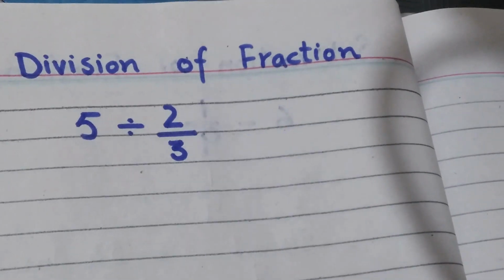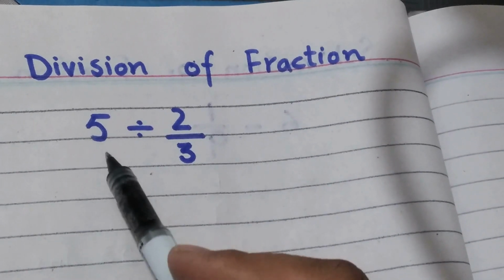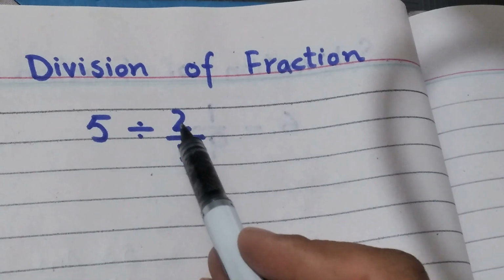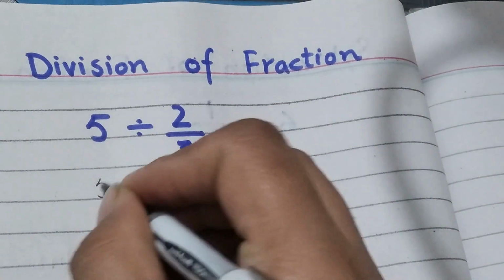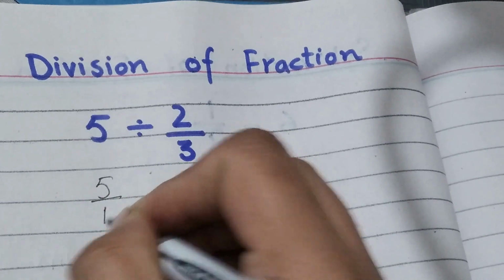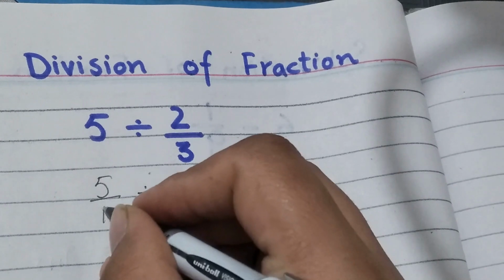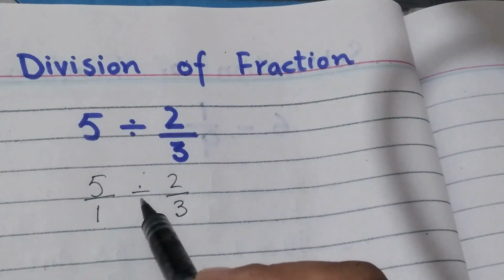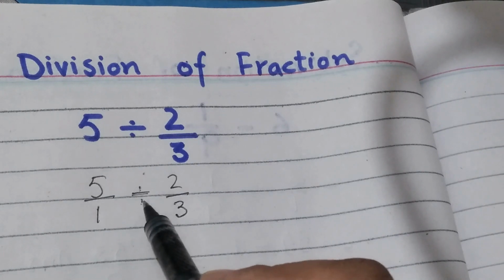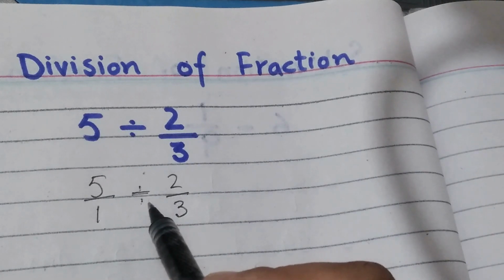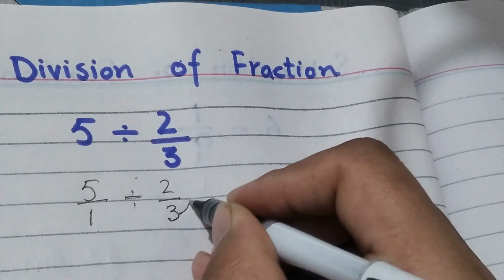And I will tell you how we will divide fractions. Here is a question: 5 divided by 2 by 3. Firstly we will write here 5 over 1 divided by 2 by 3. Now here is the division symbol. We will convert the division symbol into multiplication and the sides will be changed.